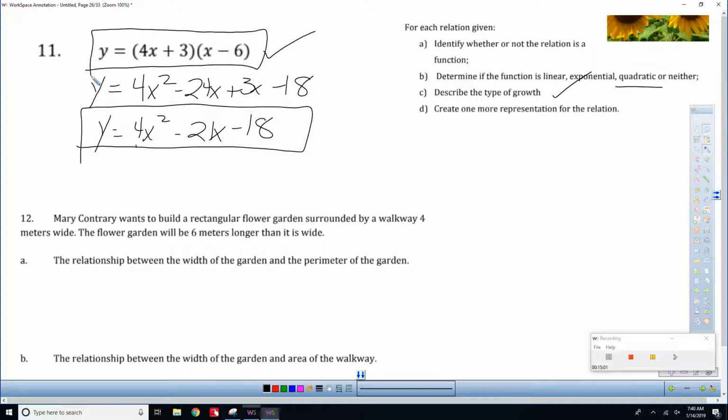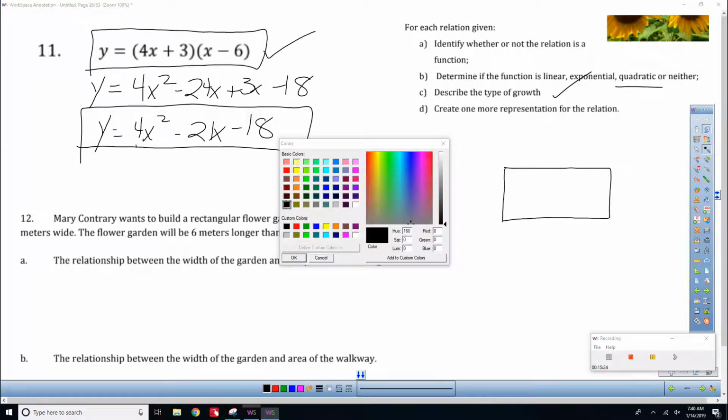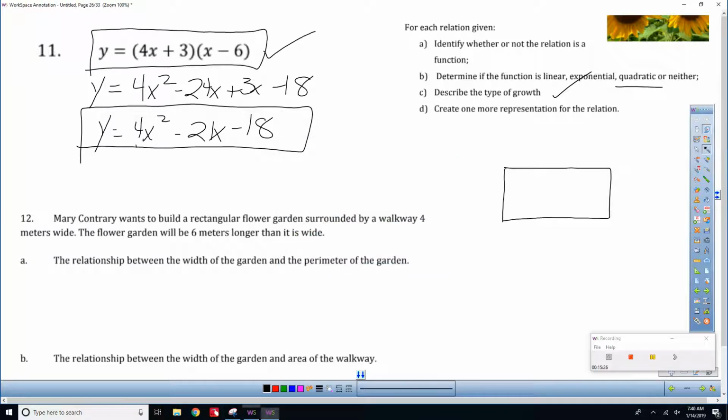Alright, so Mary wants to build a rectangular flower garden surrounded by a walkway that is 4 meters wide. So this is 4, 4, 4, and 4.